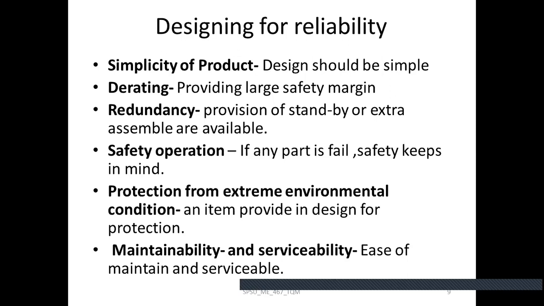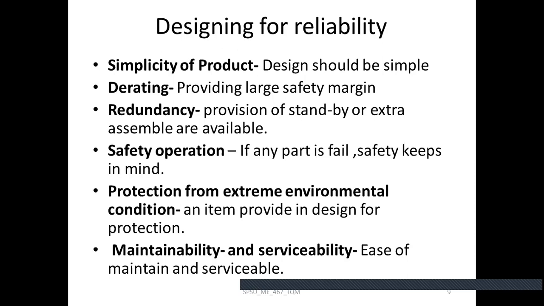Redundancy: provision of standby or extra assemblies is available. Extra assembly items are provided in the product. For example, a stepney is provided in vehicles, and an extra fuse is provided for the battery of the car.